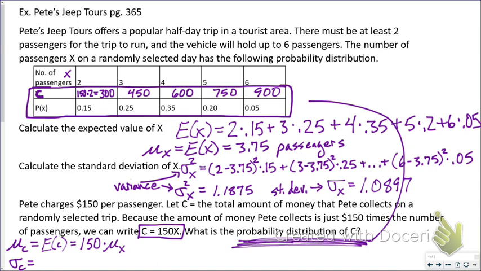Just taking that mean that I found earlier and multiply it times 150. It's a really nice shortcut to doing the mean of a linear function. So you go 150 times 3.75, and we get 562.50.